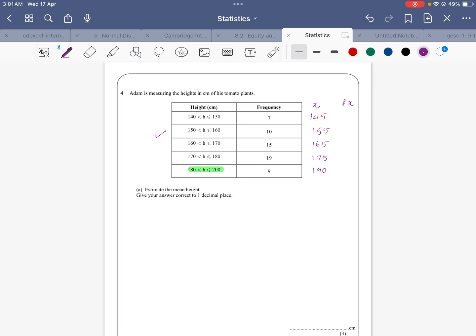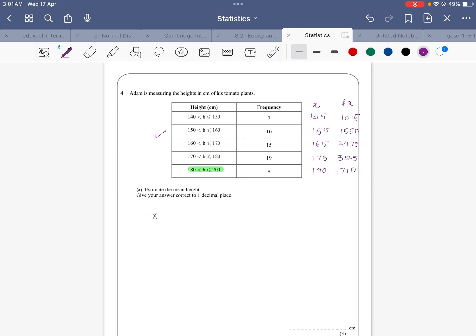So 7 multiplied by 145 gives you 1015. 10 multiplied by 155, 1550. 165 multiplied by 15 gives you 2475. 175 multiplied by 19 gives you 3325. And 190 multiplied by 9 gives you 1710.